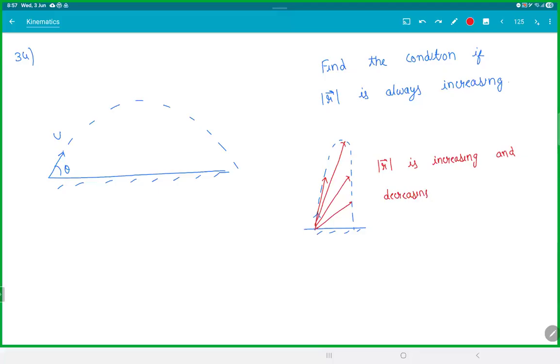You can also say the distance of the particle from the point of projection is always increasing. Yeah, that's what is being asked.